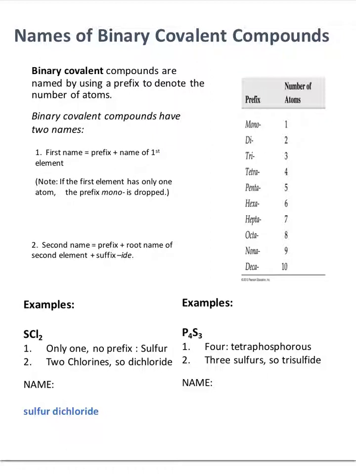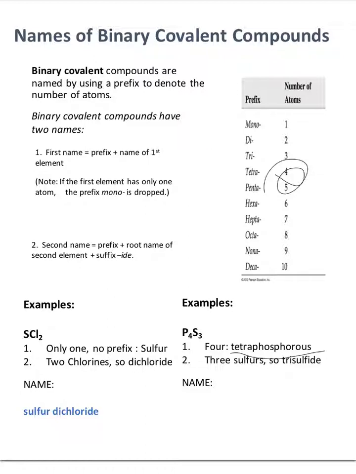Okay, if we look at the other example on the right-hand side, the first atom that's there is phosphorus. So we name it just like we would from the periodic table. So we have phosphorus, and then we need to come up here and use the prefix for 4 atoms. So what we end up with is tetraphosphorus. Then if we look at the second piece, we have 3 sulfurs.